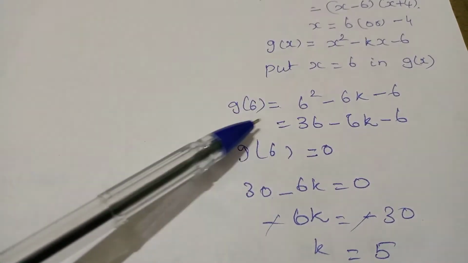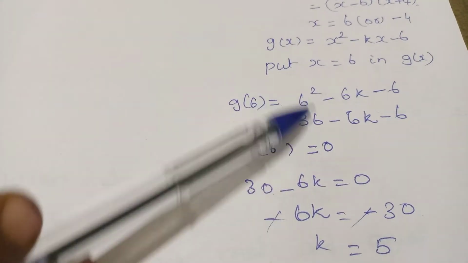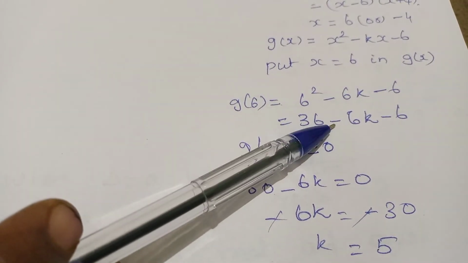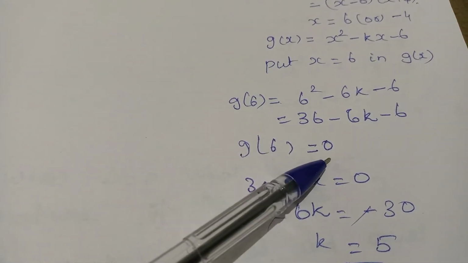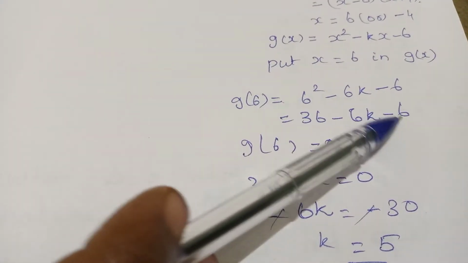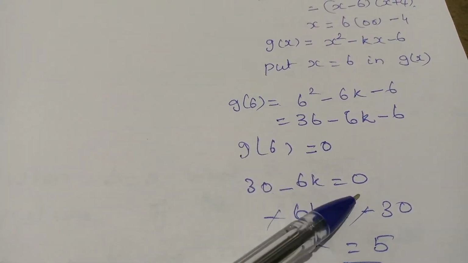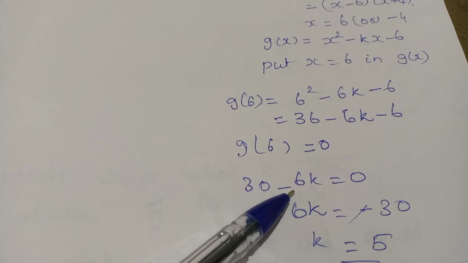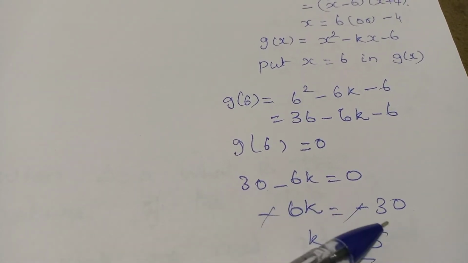To get the k value, g of 6 equal to 0. So 6 square is 36, minus 6k, minus 6, equal to 0. So 36 minus 6 is 30, minus 6k equal to 0. Now bring this constant term to that side, so 30 becomes minus 30.